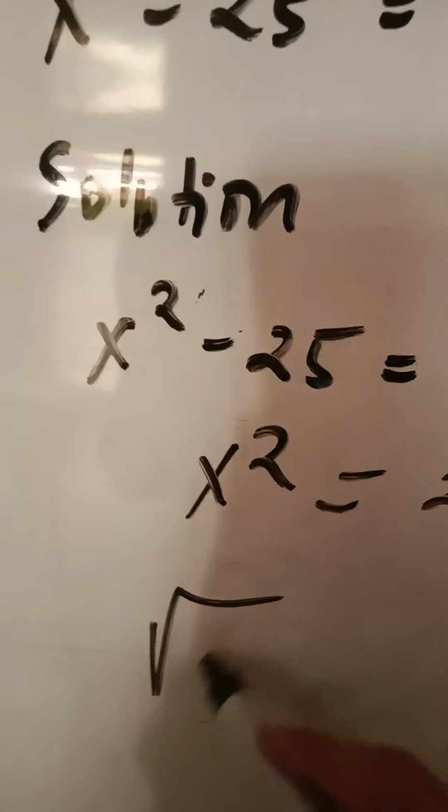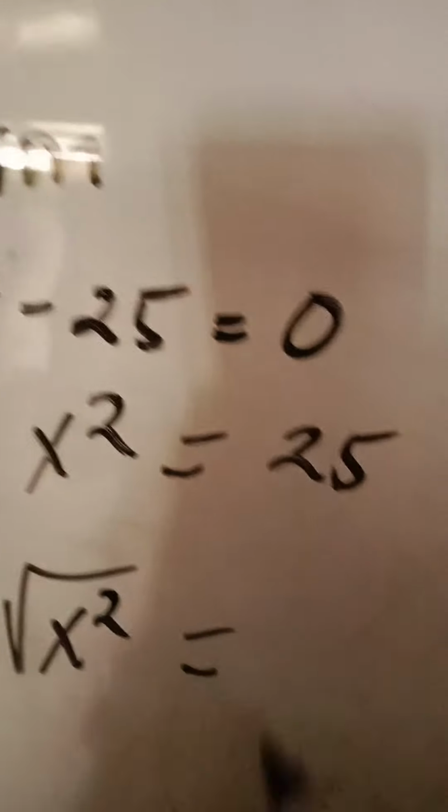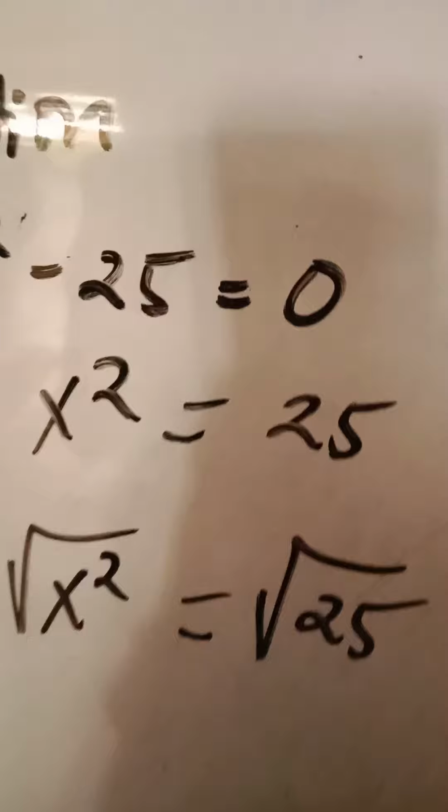So the square root of x squared is equal to the square root of 25.